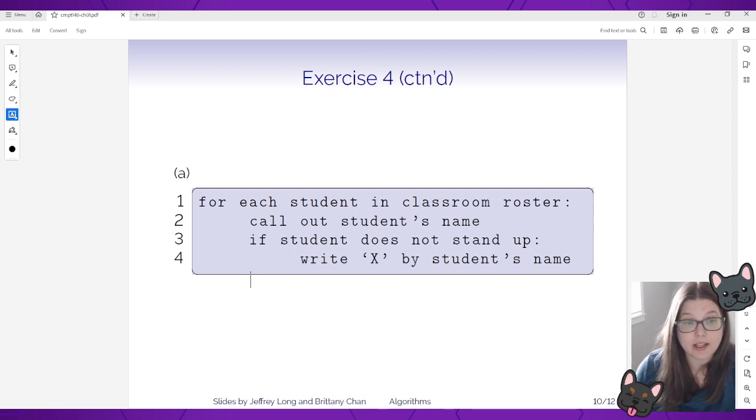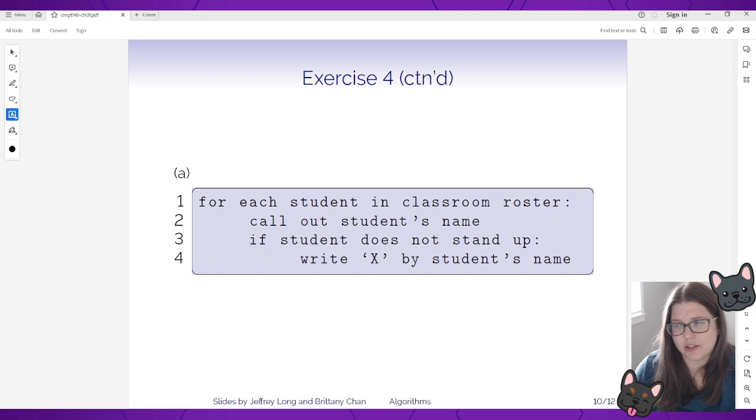But for this case, we only need the one. And even though it's indented further than all of these other things underneath the for statement, it's still repeated within that for loop, in that control flow, okay? So every single time.